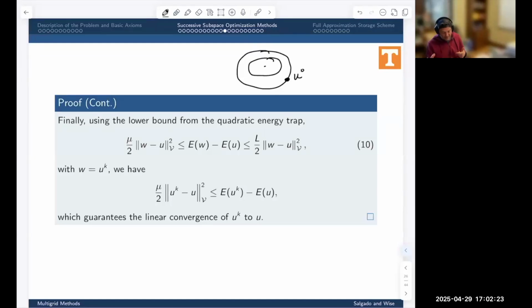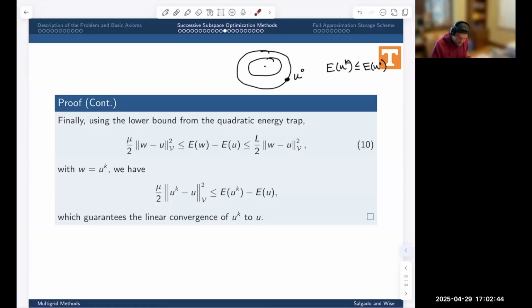Because I'm always going downhill, I know that the energies E(u_k) all have to be less than E(u_0). So that ball, or that sublevel set, dictates where I'm living.